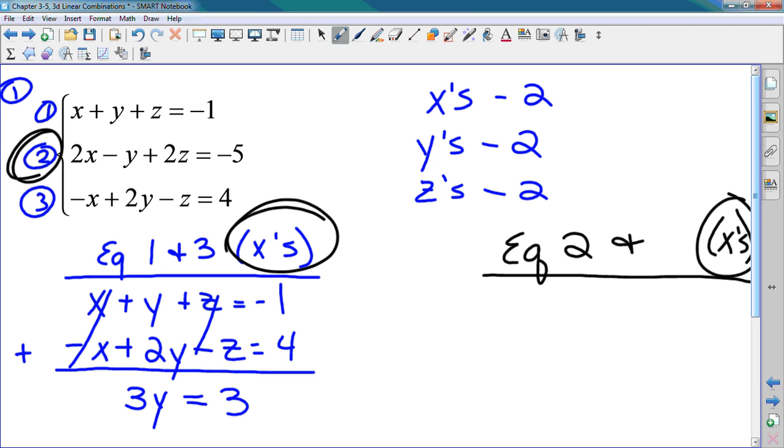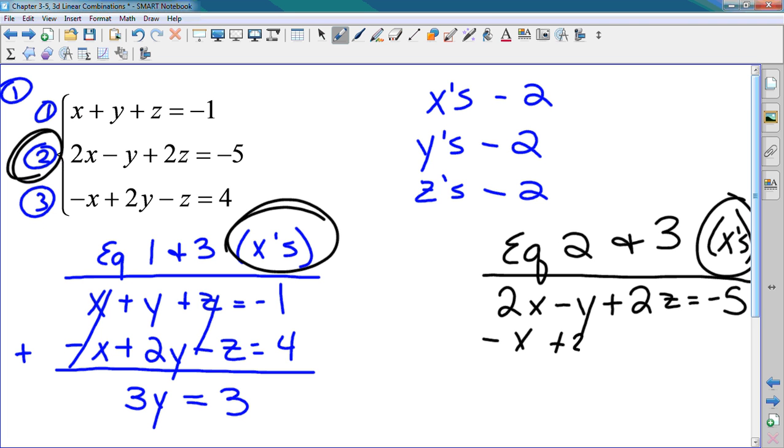So I have equation 2. Well, I'm still eliminating x's. I would choose equation 3 since it's already negative. I want a positive and a negative 2. So I'm going to choose equation 2 and 3. You can choose 1, it's fine, but I would choose 3. Equation 2 is 2x minus y plus 2z equals negative 5. Equation 3 is negative x plus 2y minus z equals 4.